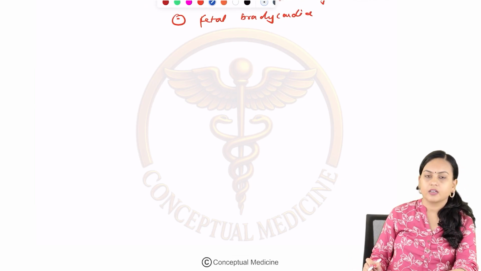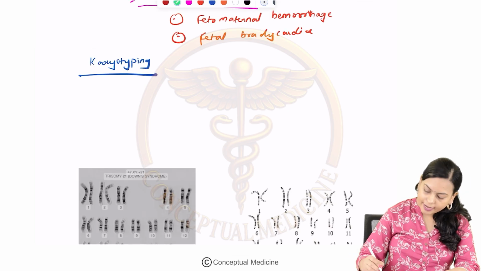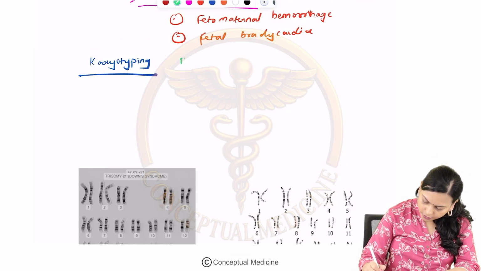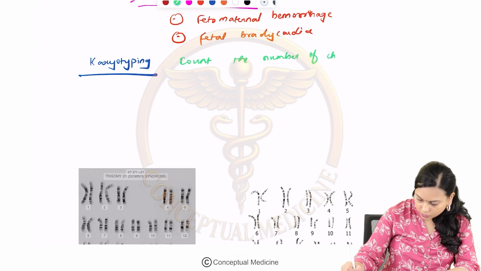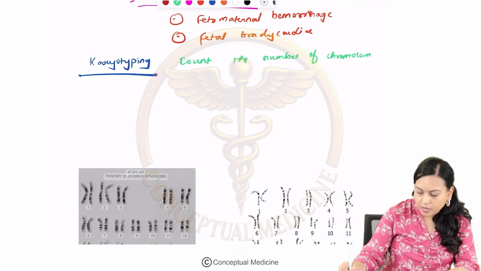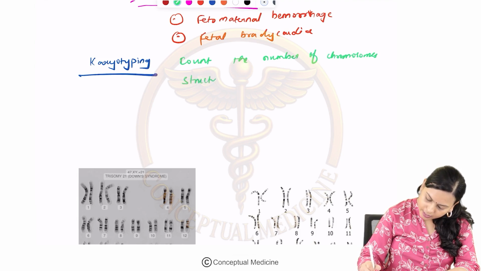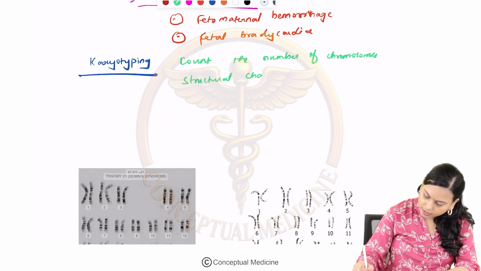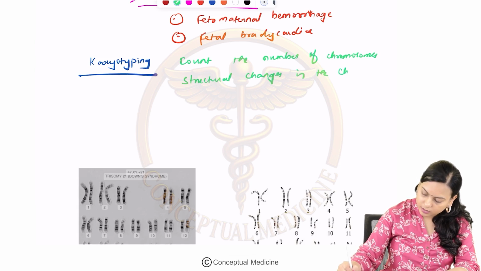Okay. Then now we will discuss about karyotyping. So in karyotyping we are going to count the number of chromosomes as well as we are going to look for any structural changes in the chromosomes.